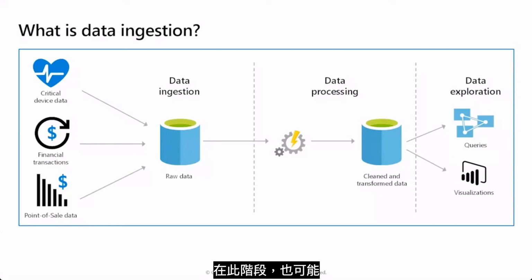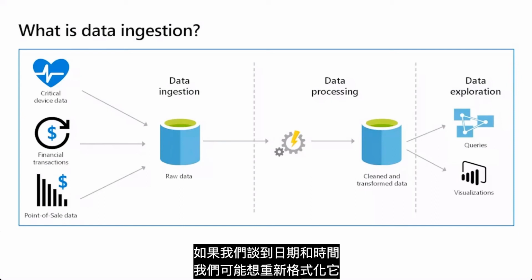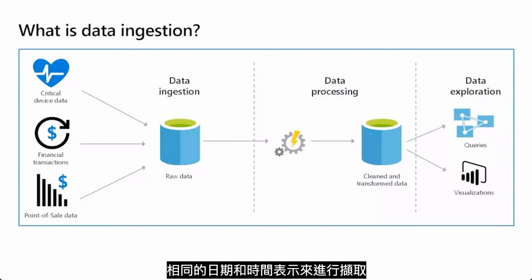During this stage, it's also possible to do some transformation to the data. We can convert some of that data to a more standardized format for processing later. For example, with dates and times, we might want to reformat them so that all the data that's been ingested uses the same date and time representation.